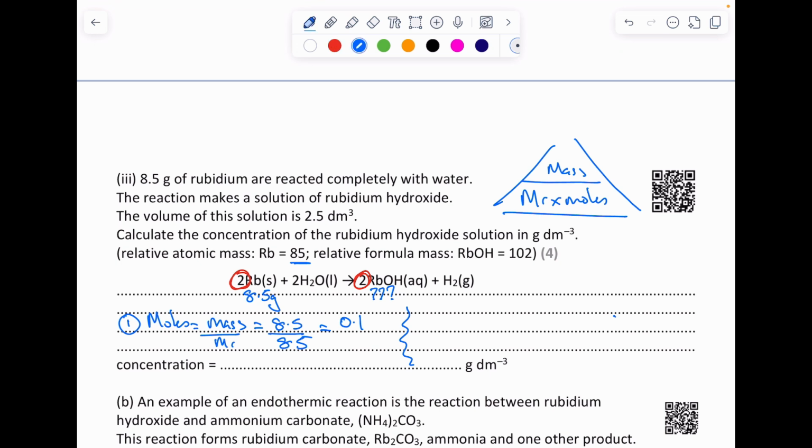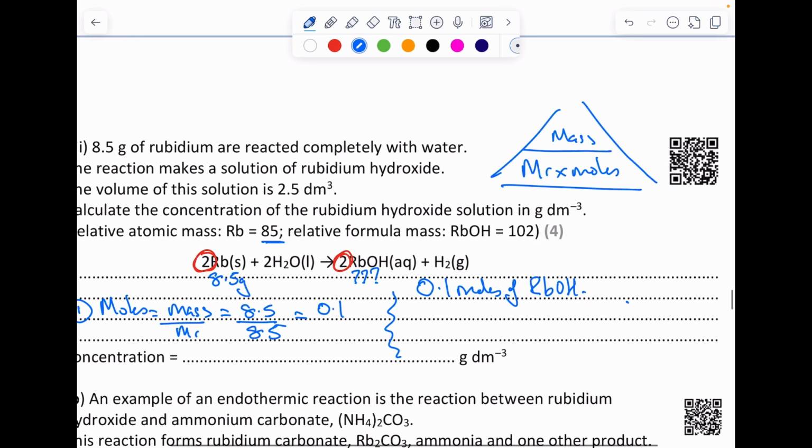So this means I'm going to have 0.1 moles of rubidium hydroxide. And what I now need to do is convert that into a mass, because I've got to get my answer into grams. So step number 3, because that was step number 2, is to work out the mass.